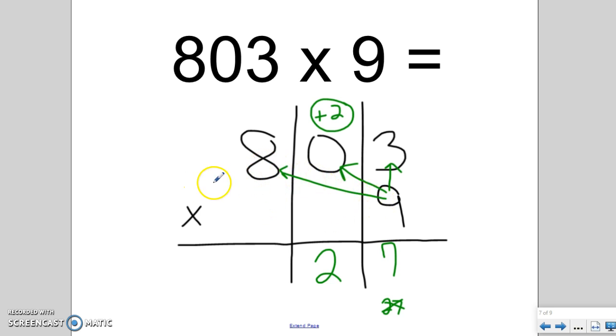Now, because this is the last digit, no matter what I get, even if it's more than 1 digit, I can put the whole part of it down. 9 times 8, when I do my finger trick, I end up with 72. So I can put both digits here. Throw my comma in my answer. I get 7,227 as my final product.